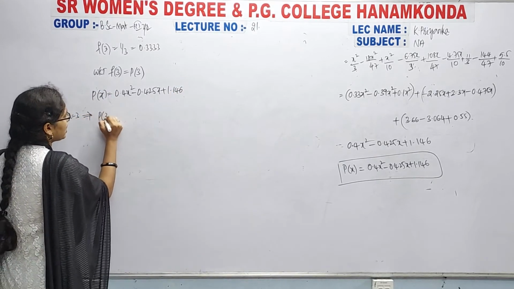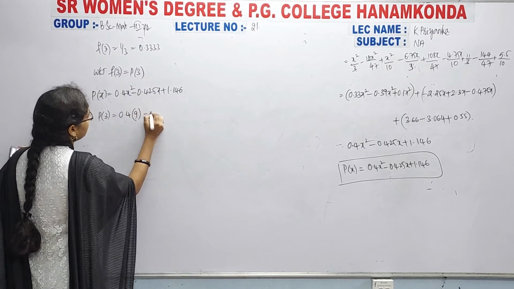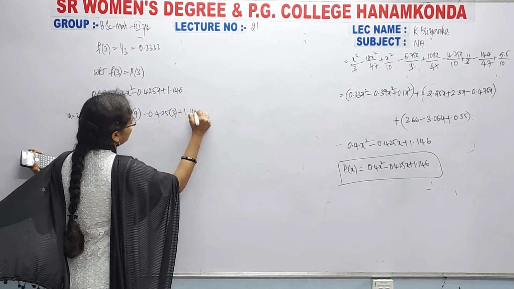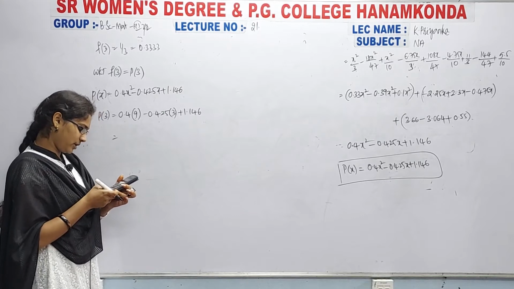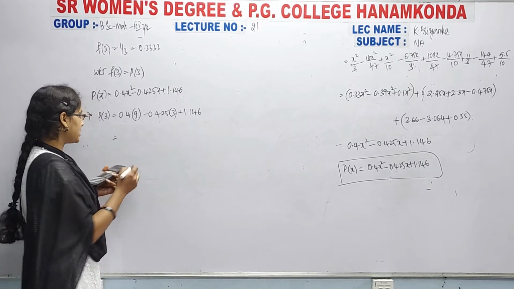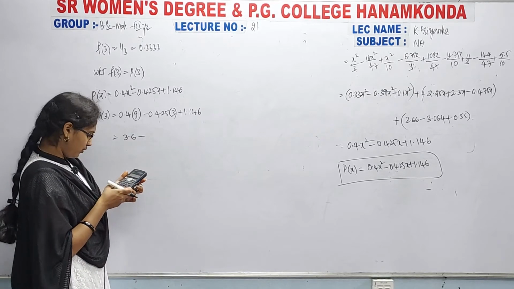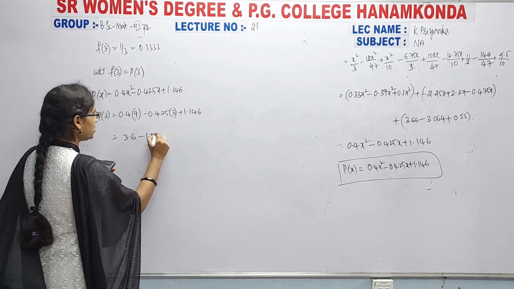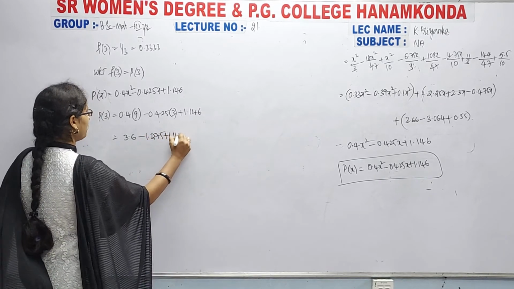Then p of 3 is equal to 0.4 times 3 square, which is 9, minus 0.425 into 3 plus 1.146. So 0.4 into 9 is 3.6, minus 0.425 into 3, which is 1.275, plus 1.146.